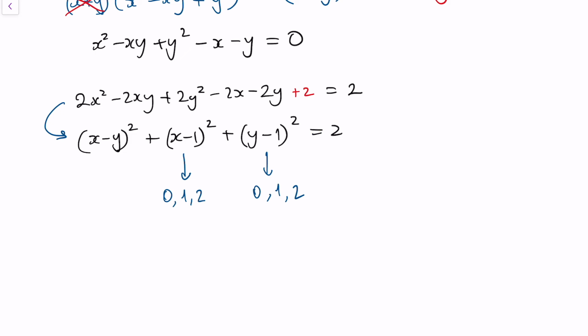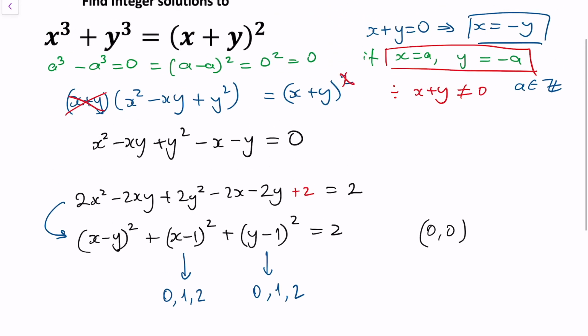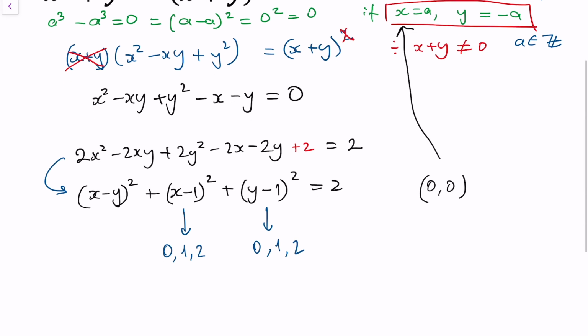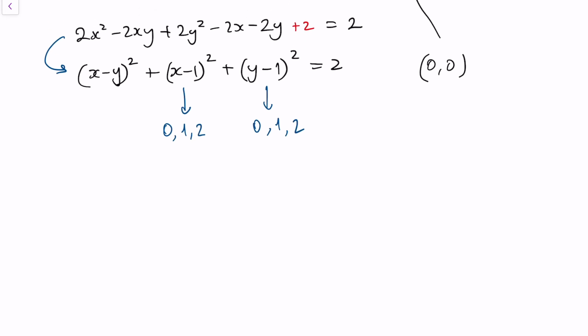Now all we have to do is consider the possible combinations. I'm not going to consider 0, 0, although it solves the equation, because we've already said that x is a, y is minus a, and 0 is the same as minus 0, so it's already covered. So let's consider other possibilities.